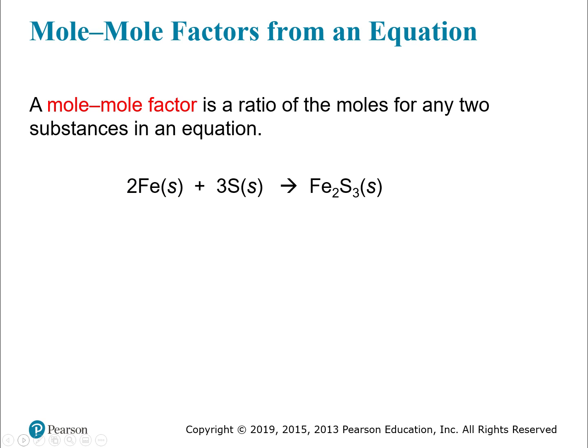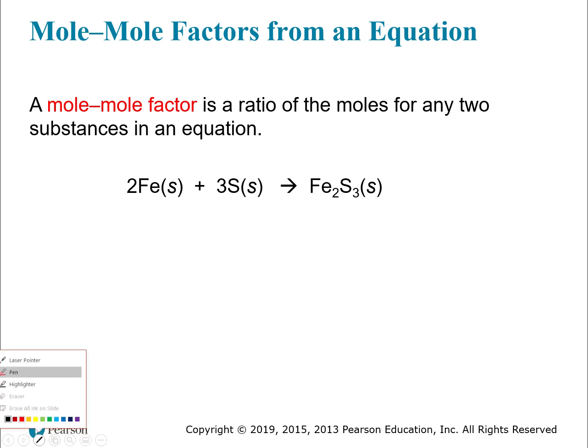A mole-mole factor is just a ratio, and you get the information directly from the chemical equation. So I'll write some out, and then I want you guys to try writing some out too. I like to do this color-coded.